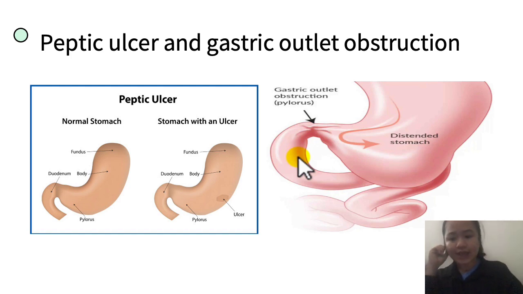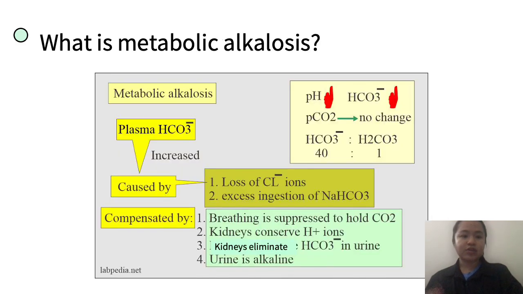and abdominal pain. Prolonged vomiting causes loss of hydrochloric acid and produces an increase of bicarbonate in the plasma to compensate for the lost chloride and sodium. This is how the pH increased, and this is what we call metabolic alkalosis. It's when our pH increases above 7.45, and for this patient, her pH was 7.7.